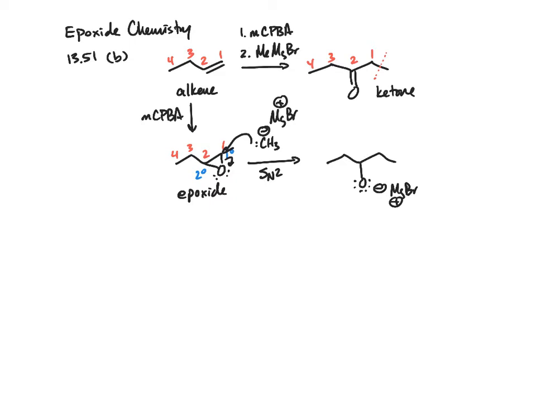Actually, we have to do 2 more things. You can see that we're now at an oxidation state of 1. In the product we're at an oxidation state of 2, so we have to do a protonation with water. That's step 3, and that's just a proton transfer to get the neutral alcohol.